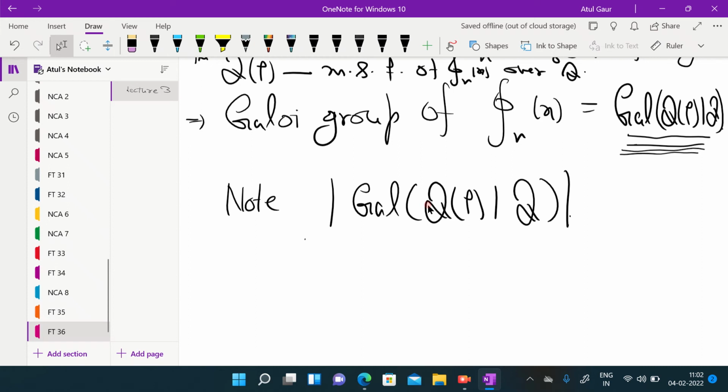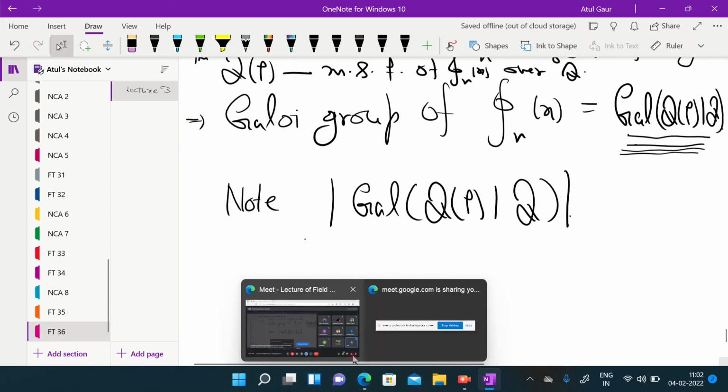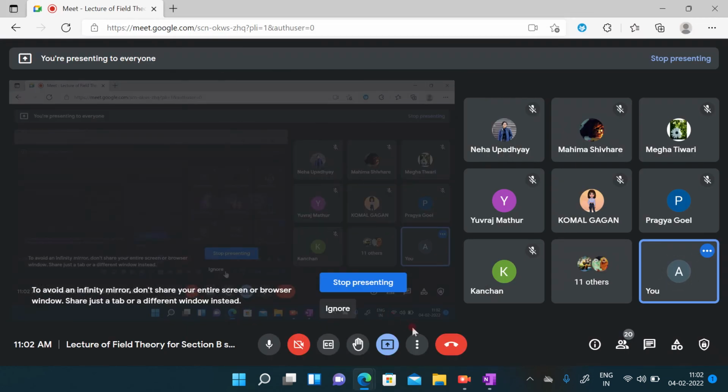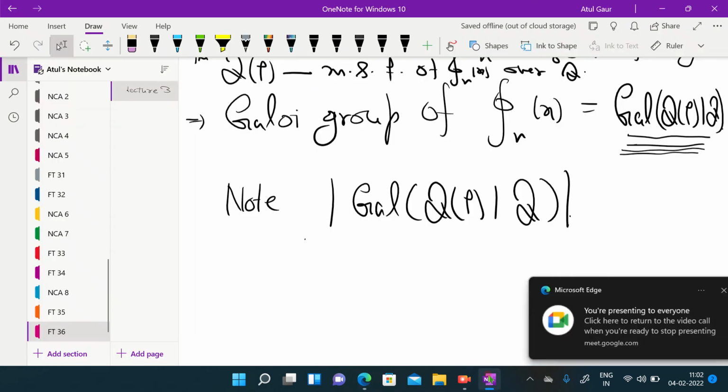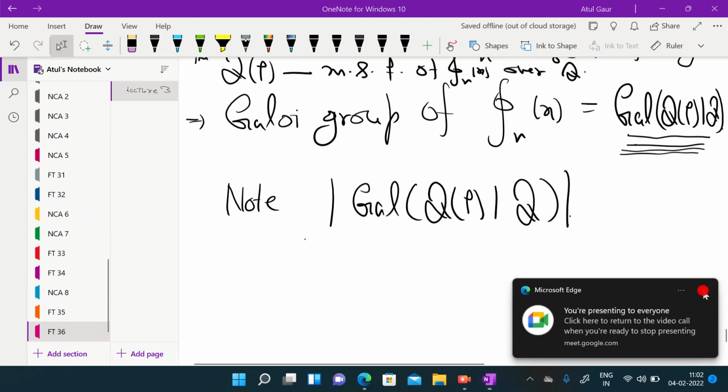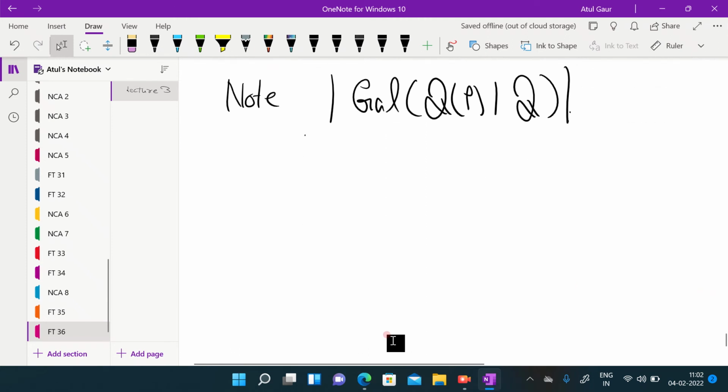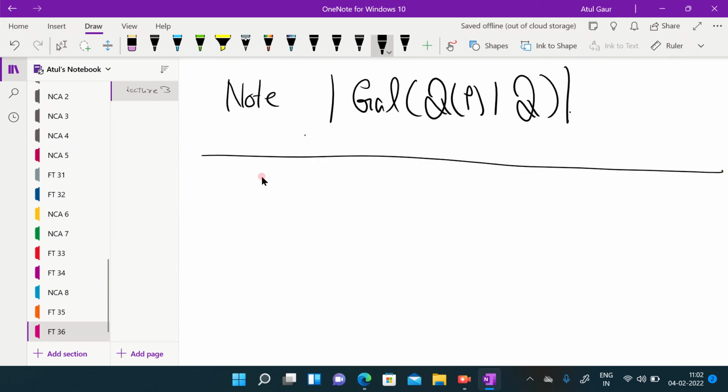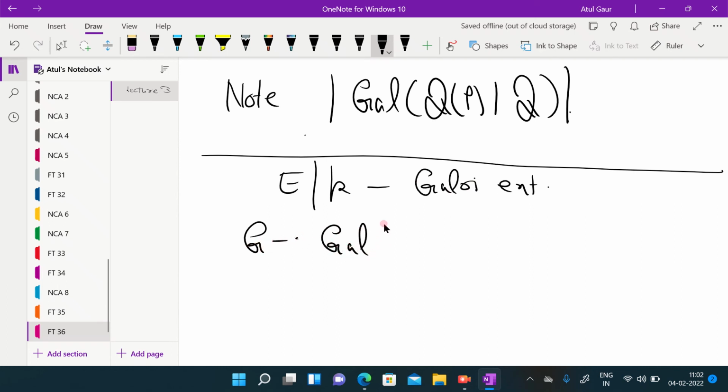Are you getting it? You have not noticed this? E over K is a Galois extension, G is the Galois group. So what is the order of G?